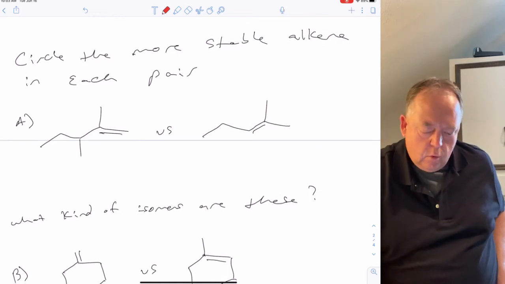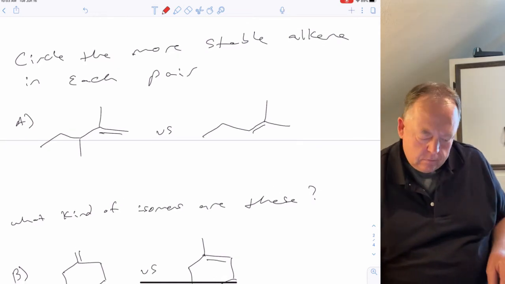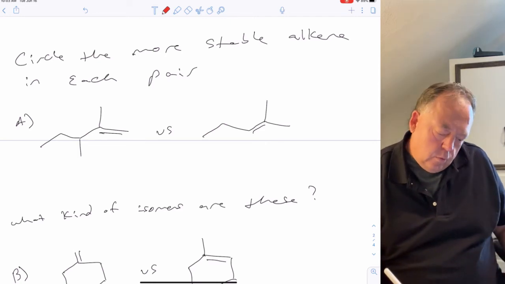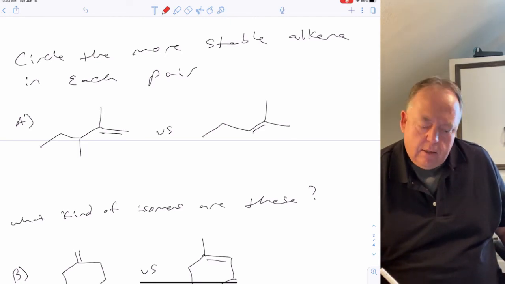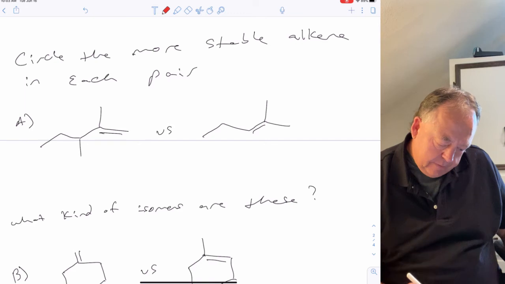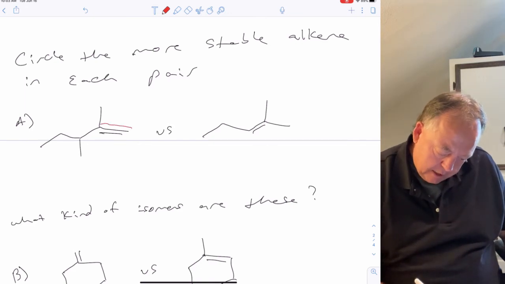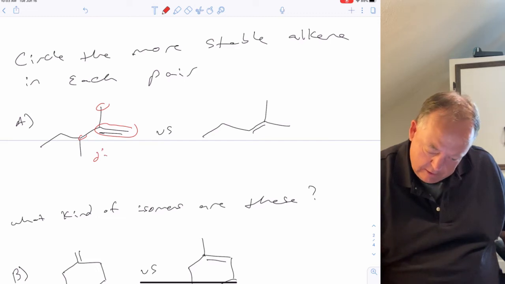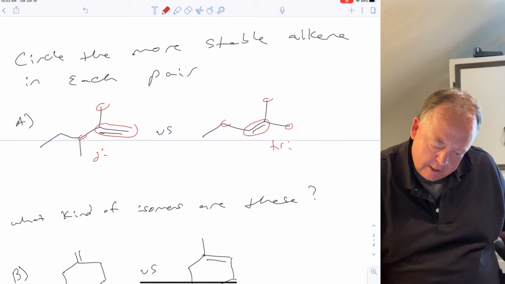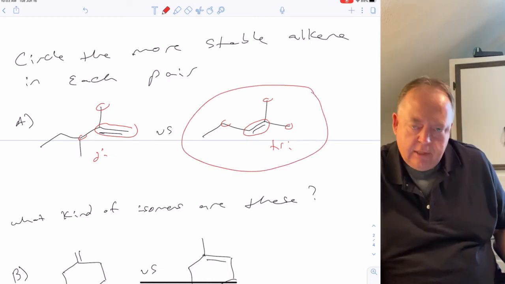Another way that you may see a question like this asked, so we can get more practice: circle the more stable alkene in each pair. Where you'd want to start is classify them. Are they mono, di, tri, tetrasubstituted, for example? This alkene has 2 carbons attached to it, so this is di. And that's the alkene with 1, 2, 3 carbons attached, so this is tri. Circle the more stable, so that's the more stable.